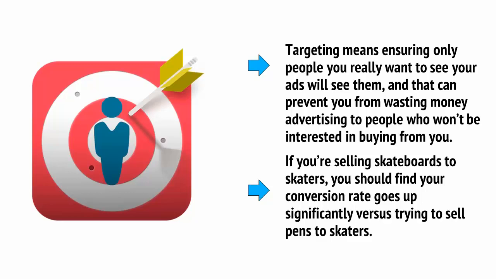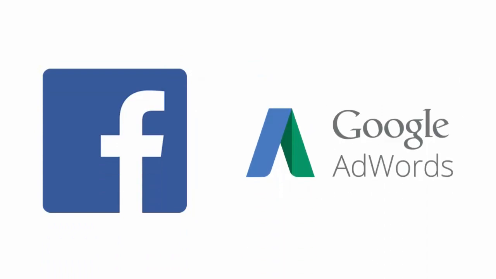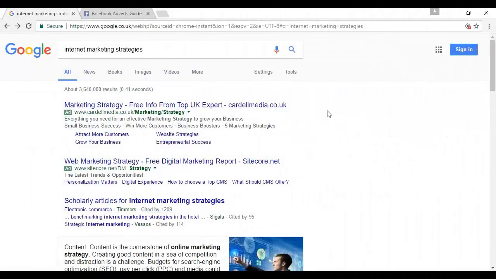So, how does all this work? Well, there are two main PPC programs out there at the moment. These are Facebook ads and Google AdWords. There are some others, but they aren't so big. Google AdWords show ads on search terms, and in that way it works just like SEO.